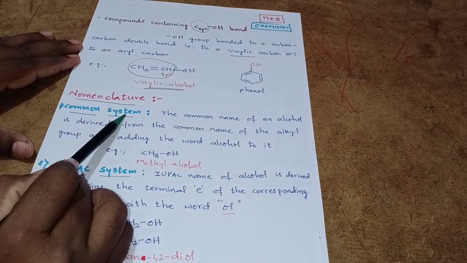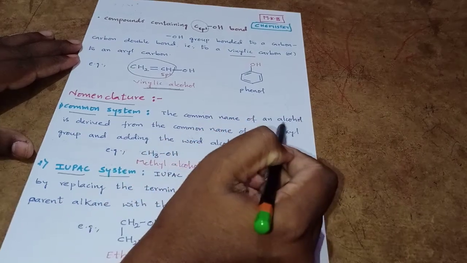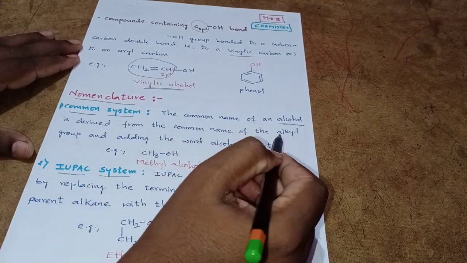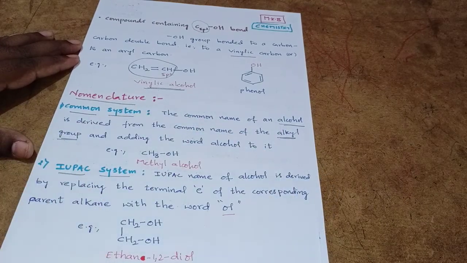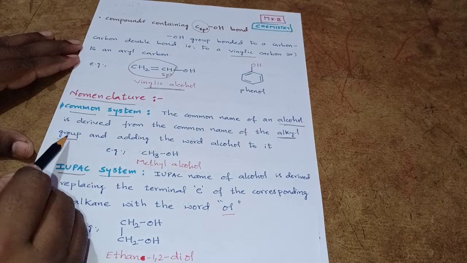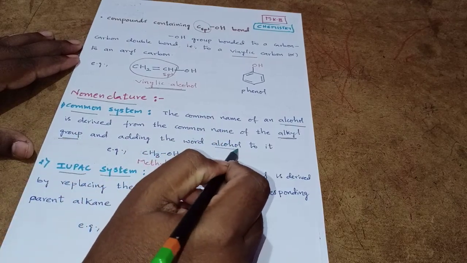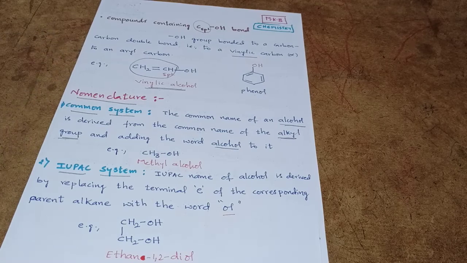In common system, alcohols are named by writing the name of the alkyl group first, followed by the word alcohol. That is the common name or trivial name for a given alcohol.